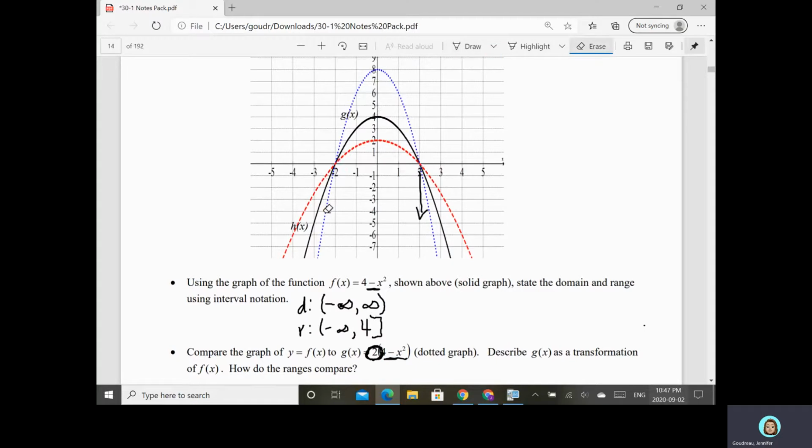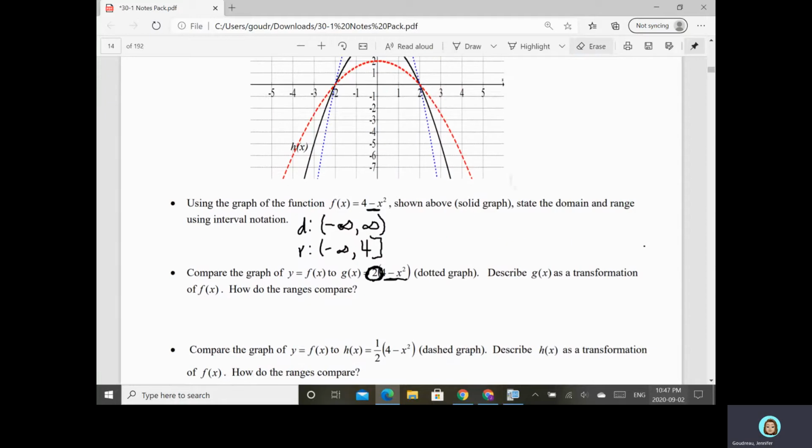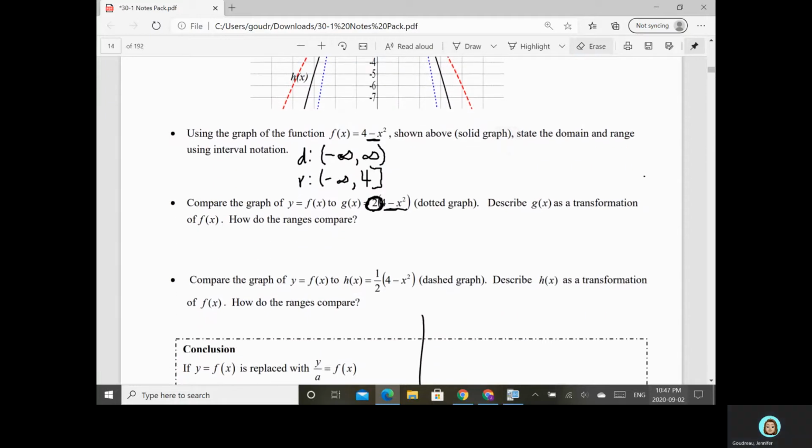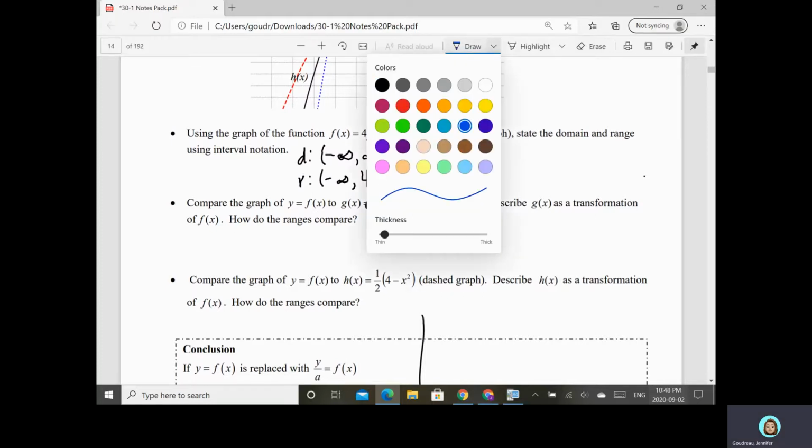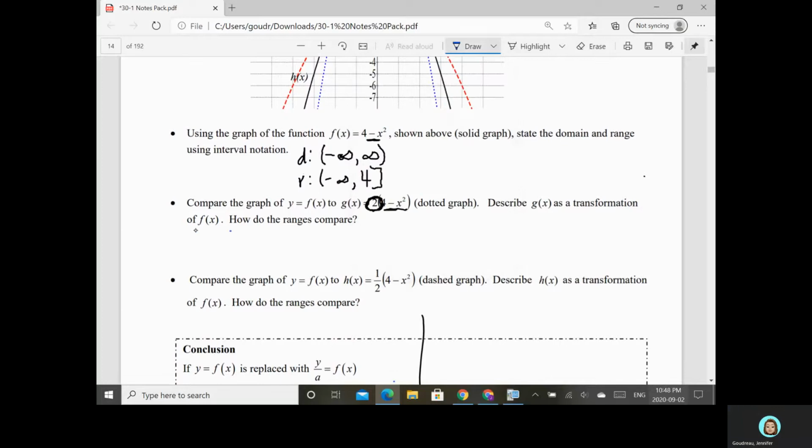So a way to put that in words is to say this. I'll maybe write it in blue since g(x) is our blue function. g(x) is a vertical stretch about the x-axis.